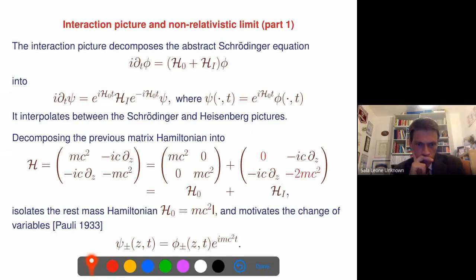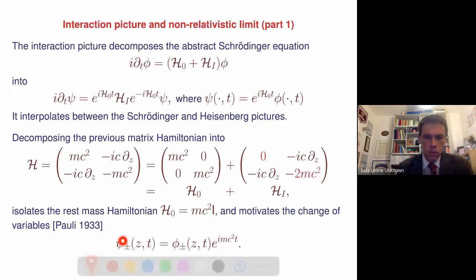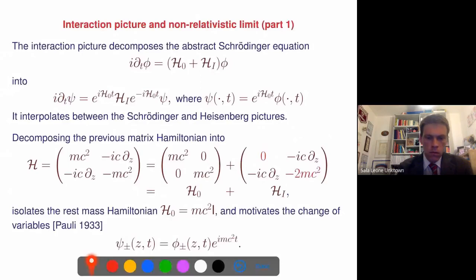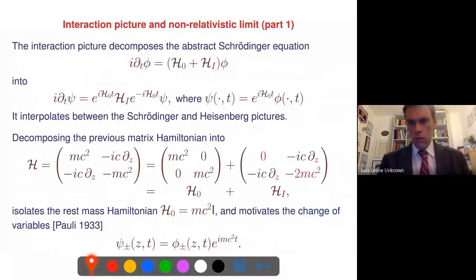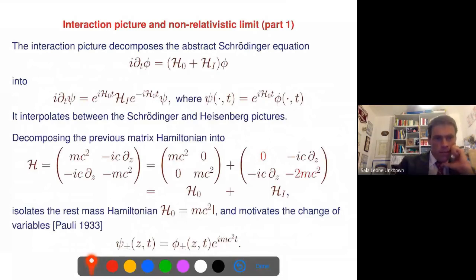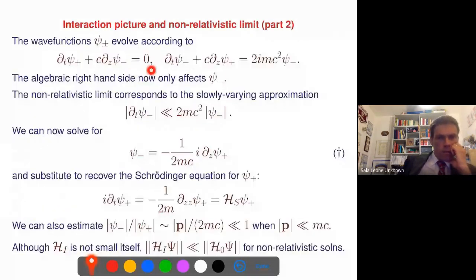This motivates, in the interaction formalism, doing this change of variables from phi to psi, where I take out this oscillation with the relativistic rest energy. This was introduced by Pauli as a way of trying to go from relativistic to non-relativistic quantum mechanics. So I turn the handle, and I get two equations now for my psi, where the plus equation, that's this one, has no algebraic term. All the algebraic term is on the psi minus equation.